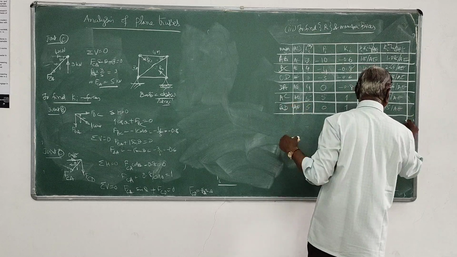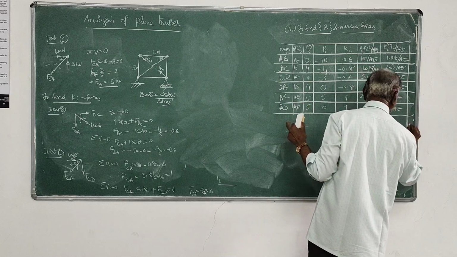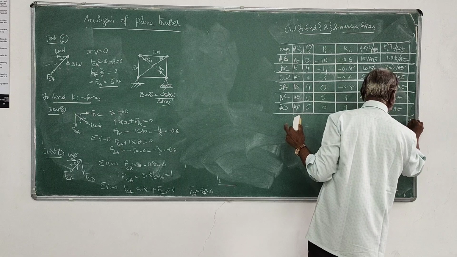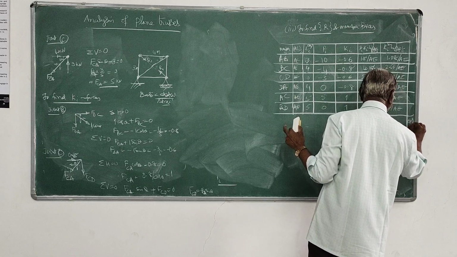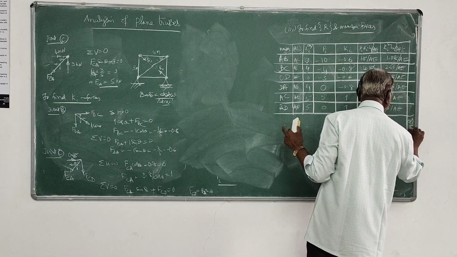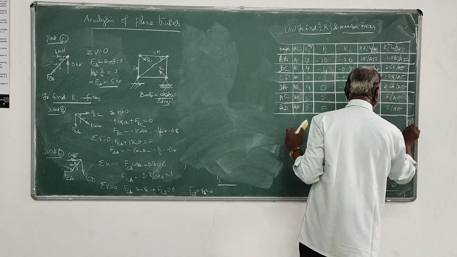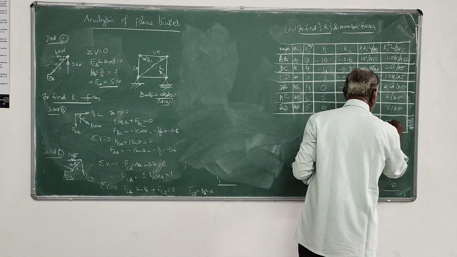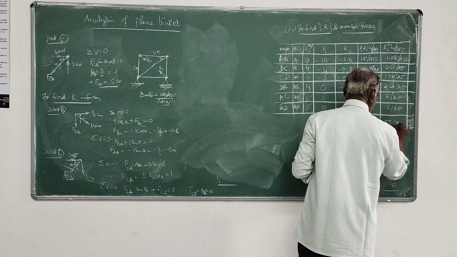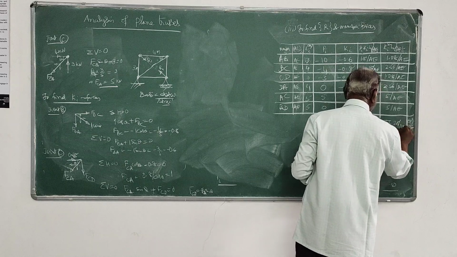We can find out this sum also, which is sigma Ki square Li by Ji, 17.28 by Ji.